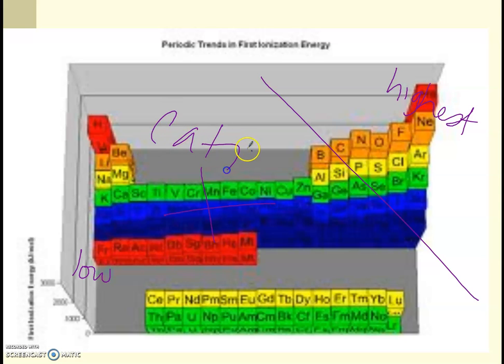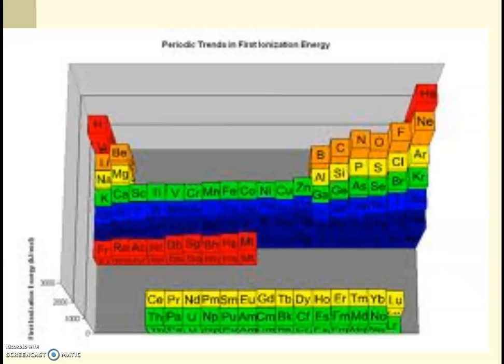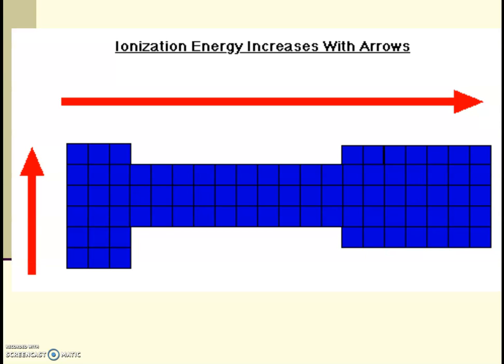This is where the cations are. The cations are all the metals. The metals are going to make the cations. It's pretty amazing. Again, this is where you're going to have the lowest ionization energy, and this is where you're going to have the most ionization energy. Most energy to remove electrons, least amount of energy to remove electrons.